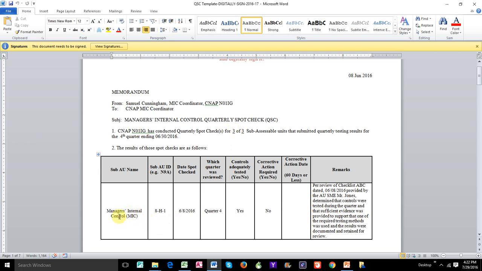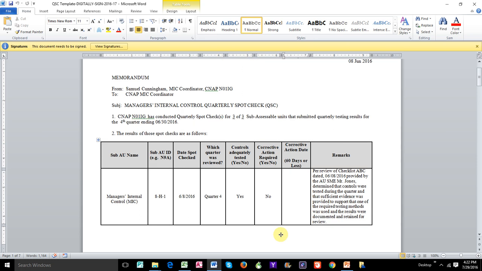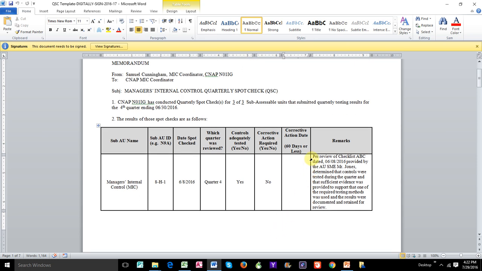You put the sub-AU's name, the sub-AU's ID from the 3-year plan, the date that you conducted it, the quarter that it covered, and then whether or not the control was in place, and whether or not there's any corrective action needed, and if so, what that date is. If there's corrective action needed, it has to be 60 days or less from the time of the spot check.